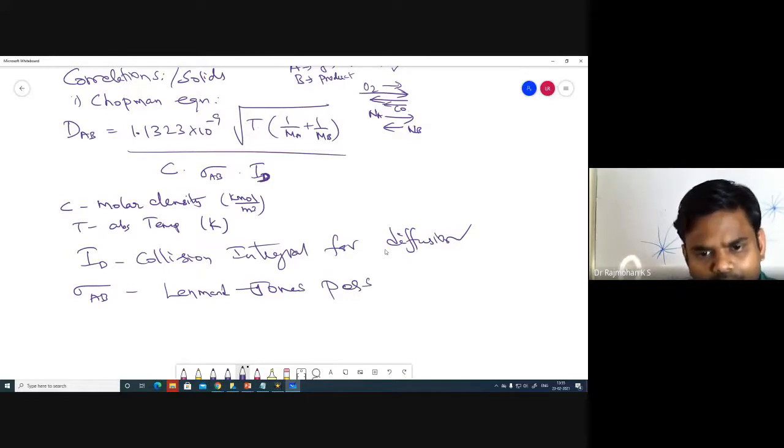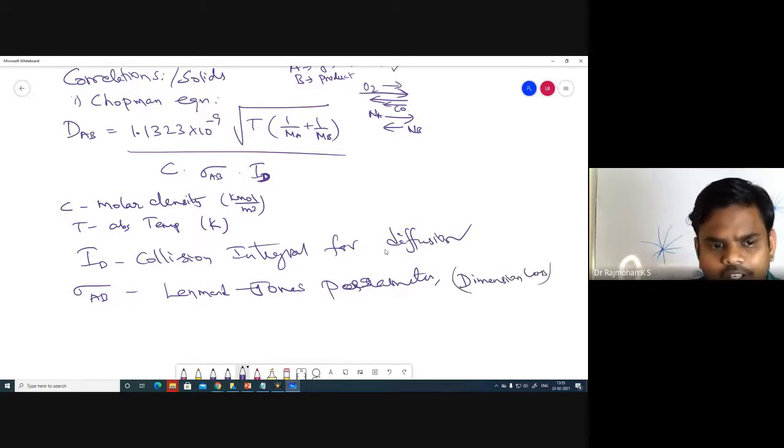It is a dimensionless parameter. I'll tell you how: we are going to have a table from which we get sigma A and sigma B.